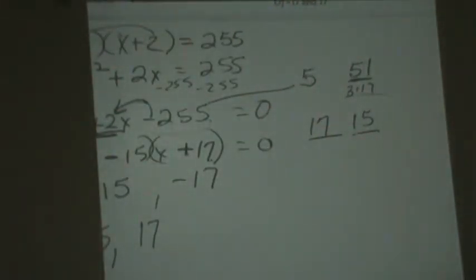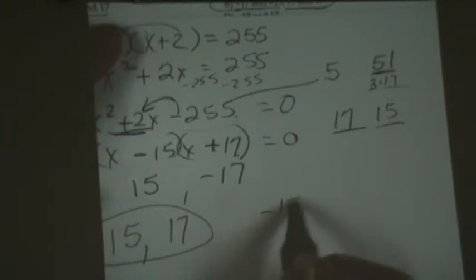It did them weird here. Negative 17, positive 5, and negative 15, positive 17. That's not right. You gotta have the negatives together. This two negatives and this two positives. Because you need two consecutive odd integers.